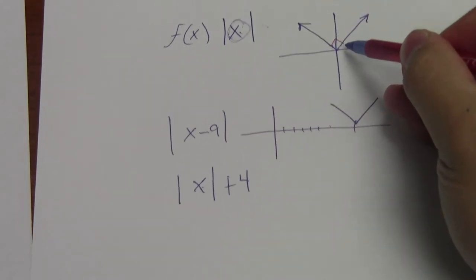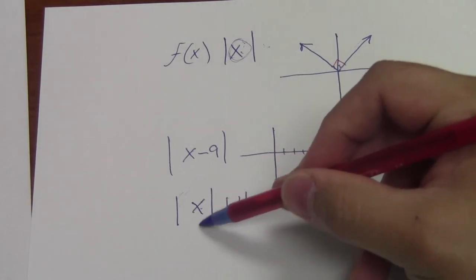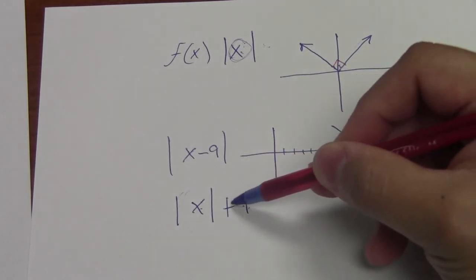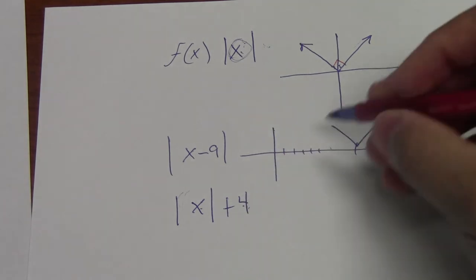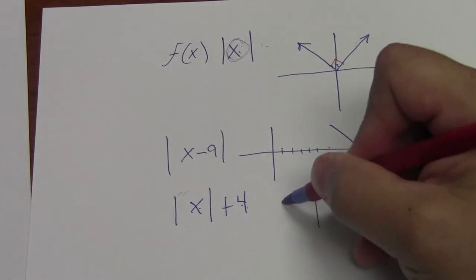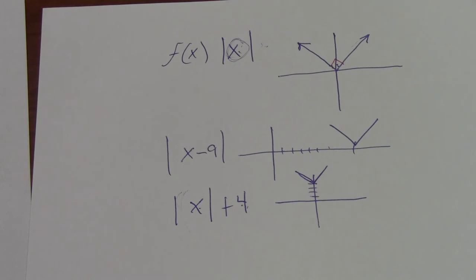So that's this equation, all right? This 4 is outside of the absolute values. So instead of it moving right or left, it's actually going to move it up or down. All right, so in this case, we're going positive 4 upwards. So your graph would look 1, 2, 3, 4. It would start up higher.